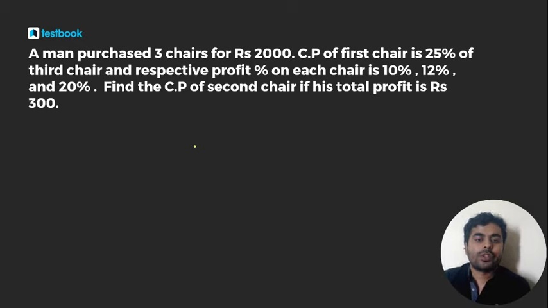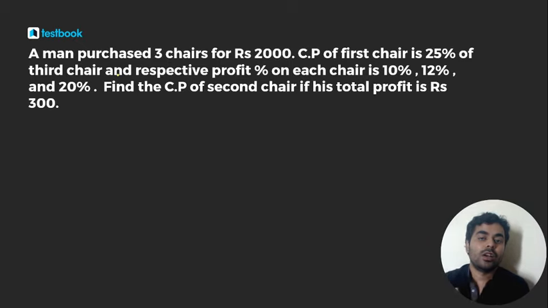So here in this question is what? A man purchased 3 chairs for rupees 2000. Okay, a man purchased what? 3 chairs for rupees 2000. So we can say the total cost price of all the 3 chairs is 2000. CP of the first chair is 25% of the third chair. Okay, it is telling about the cost price of the first chair and third chair, that 25%.